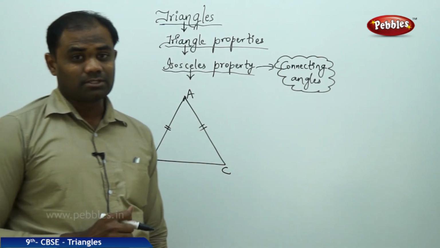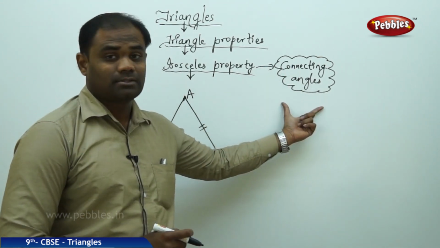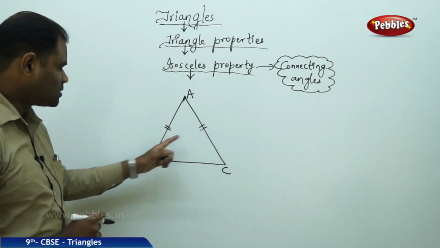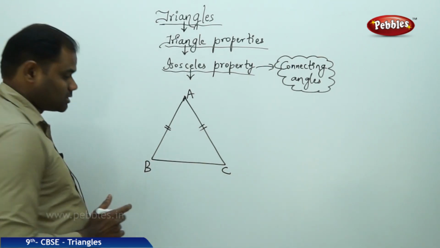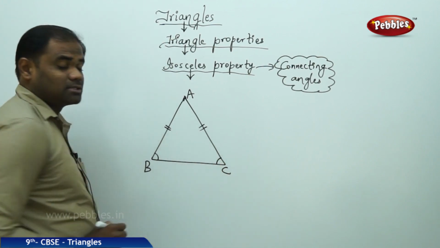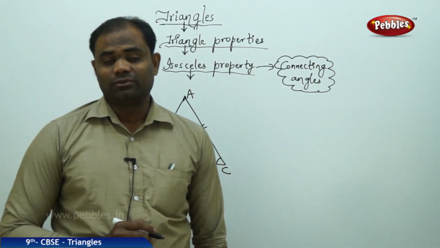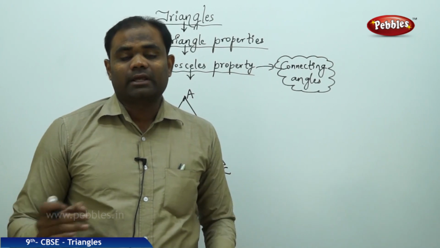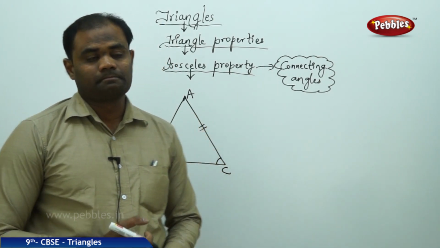Then the isosceles property connecting the angles says that if the two sides are equal, then their corresponding angles, that is this and these, must be equal. When two sides are equal, their angles must be equal.